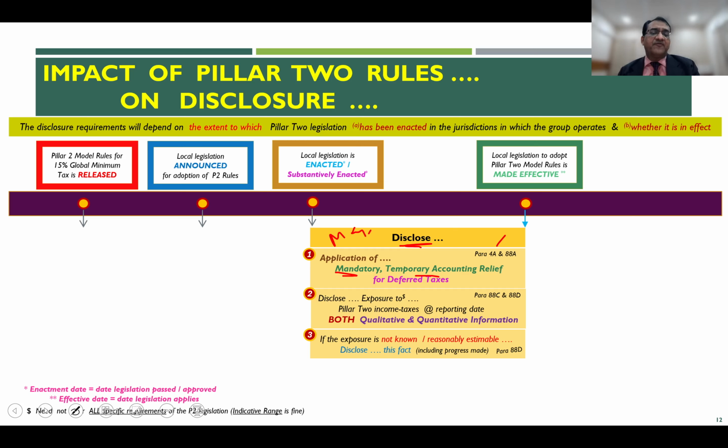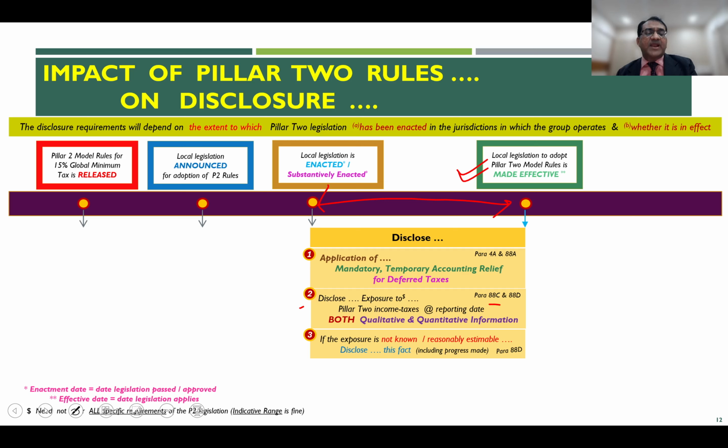That is the date from which you need to apply. So if you are in a situation where you have applied this relief, then you have to disclose, during this period where the amendments are yet to be effective, that you have applied the mandatory relief which has been given for accounting and disclosure of deferred taxes.